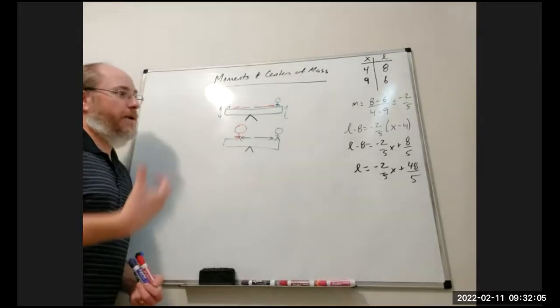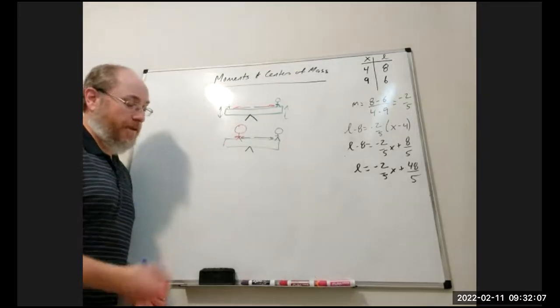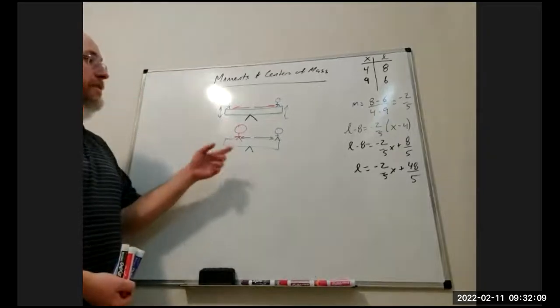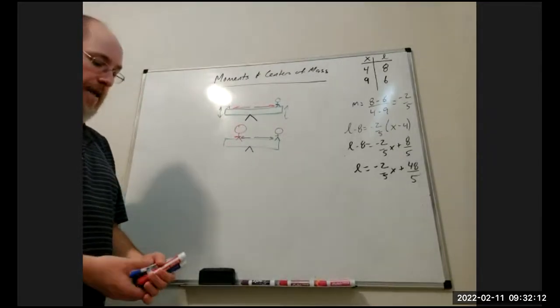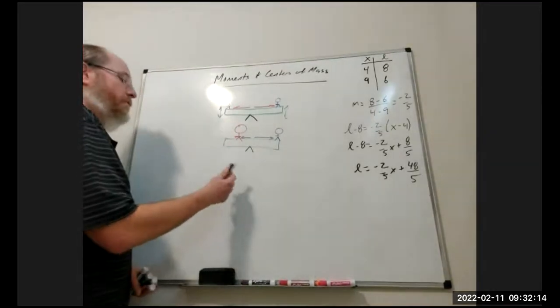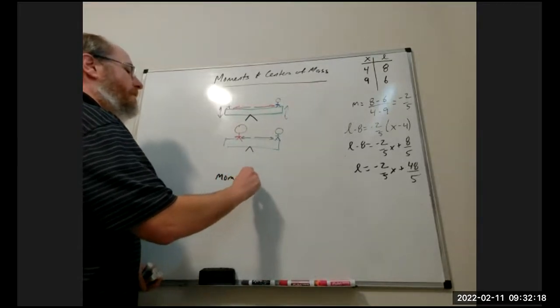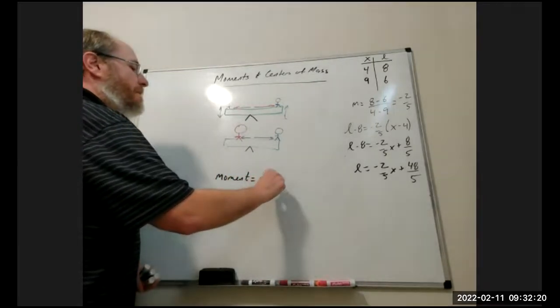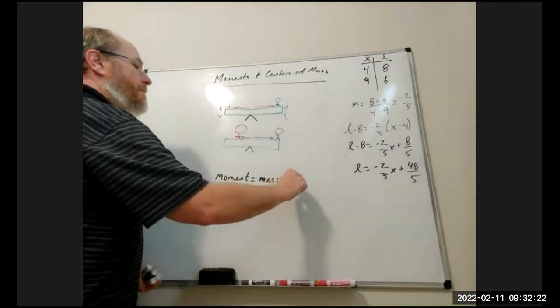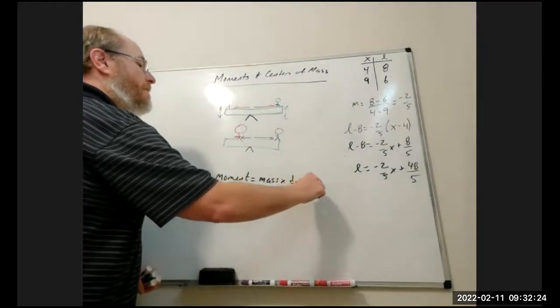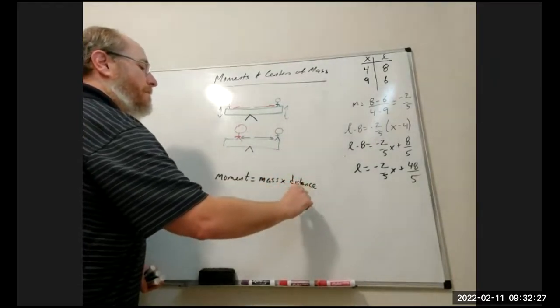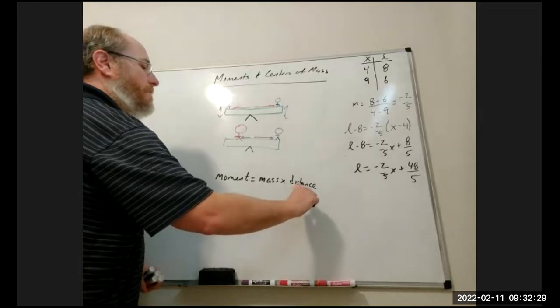But if we want to break it down into the language of what we're going to be talking about, we just made it so that their moments are the same. Okay, and so the moment, when we talk about a moment, it's going to be your mass times your distance to the rotation point.